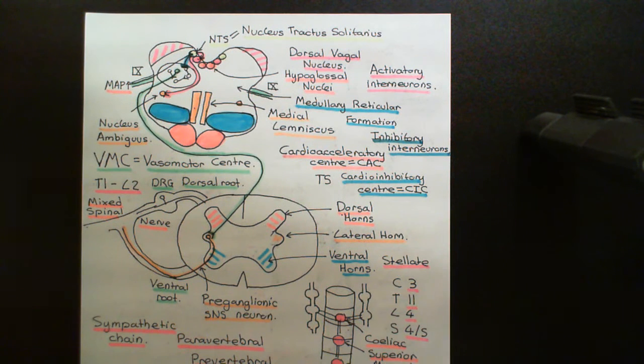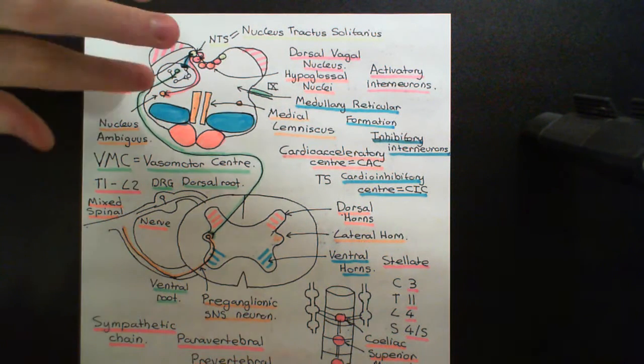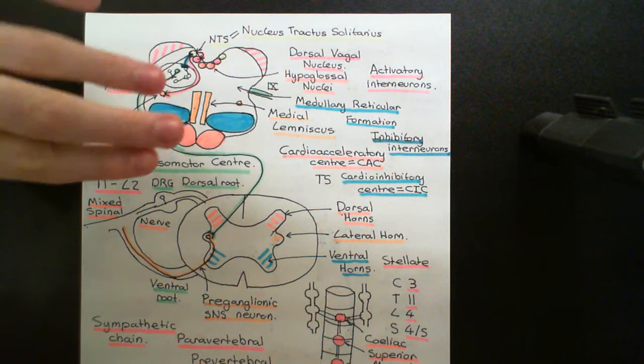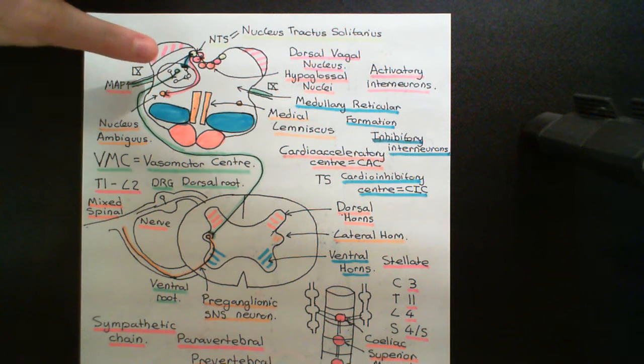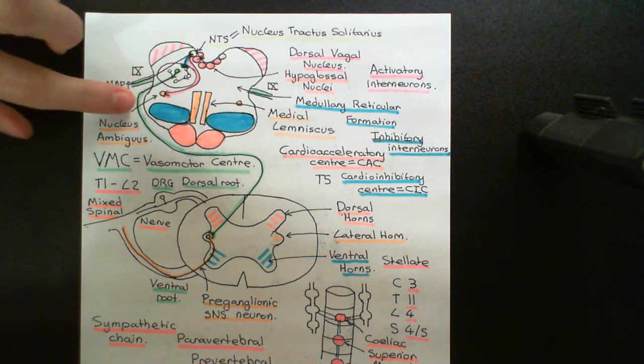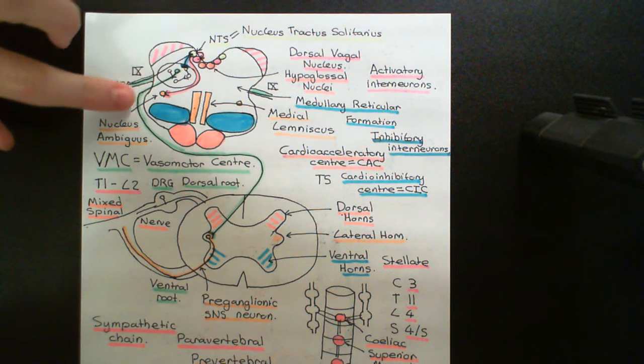So you're now going to get inhibition of the networks that are the vasomotor centre and the Cardioacceleratory Centre in the reticular formation of the medulla. And that overall is going to reduce the amount of firing that these output neurons are going to be doing.